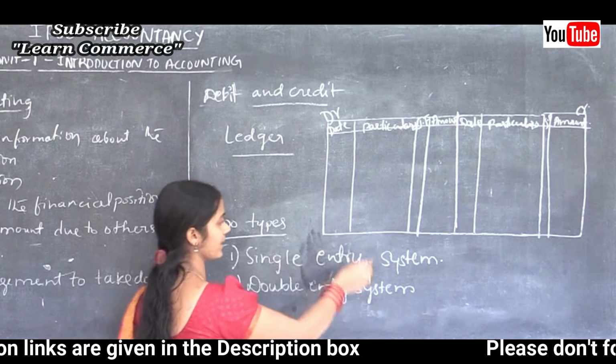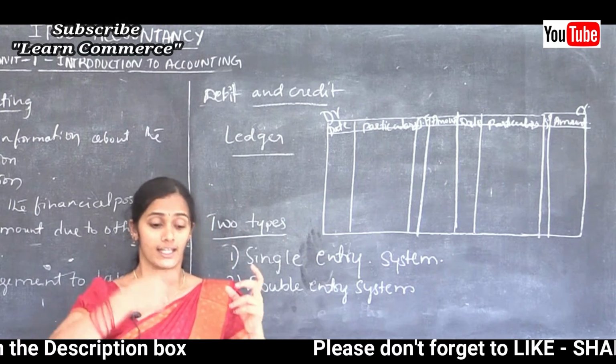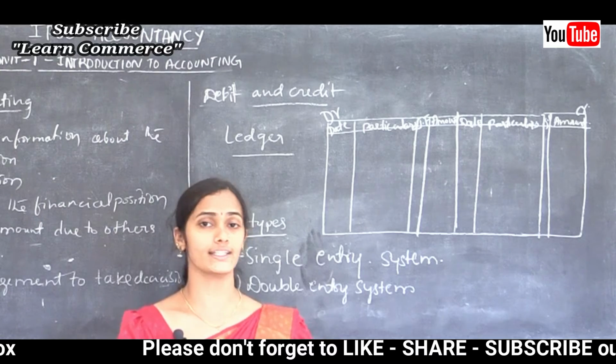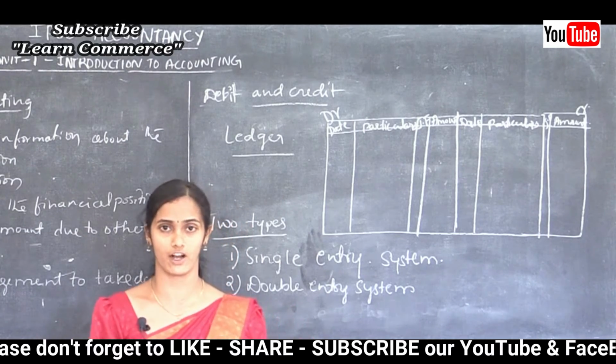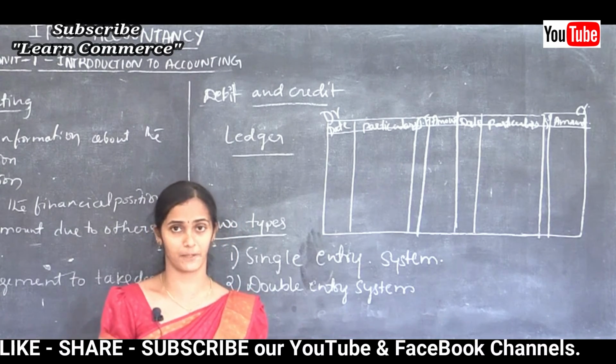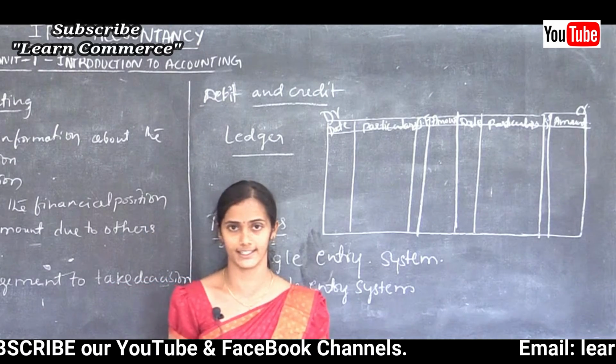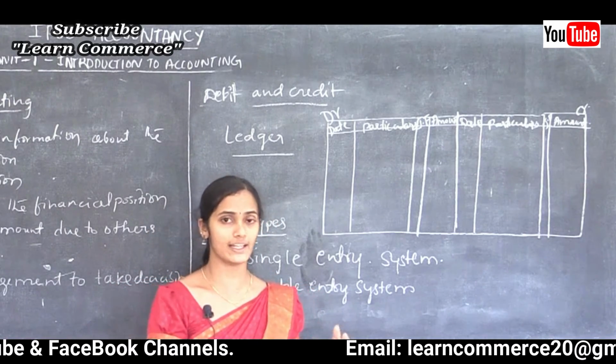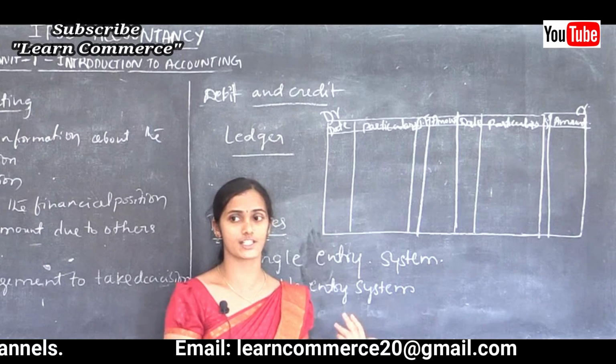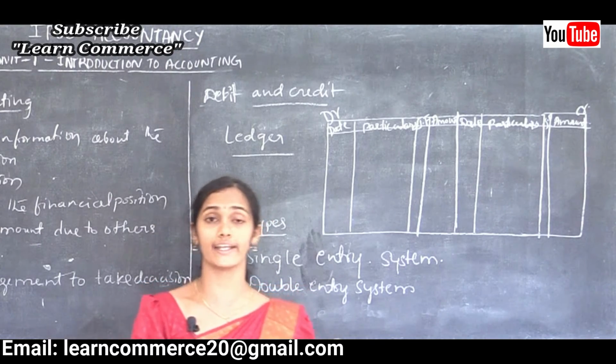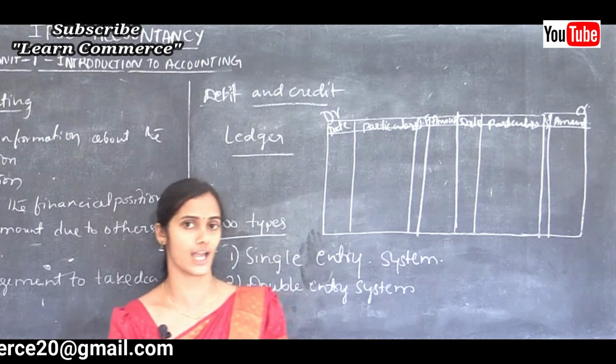So single entry system of accounting means it is a system of accounting where only one aspect of a transaction is recorded, maybe the debit aspect or credit aspect. Usually based on the single entry system only cash book is maintained. Only cash transactions are recorded in cash book.